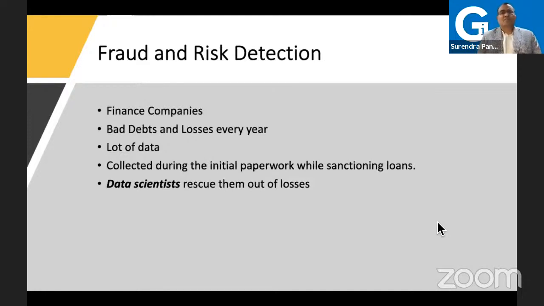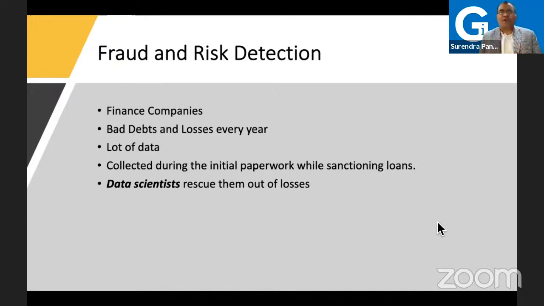Okay, so now there is a field which I like, very interesting, about fraud and risk detection. Most of the financial companies find there are certain debts, like bad debts and losses everywhere.